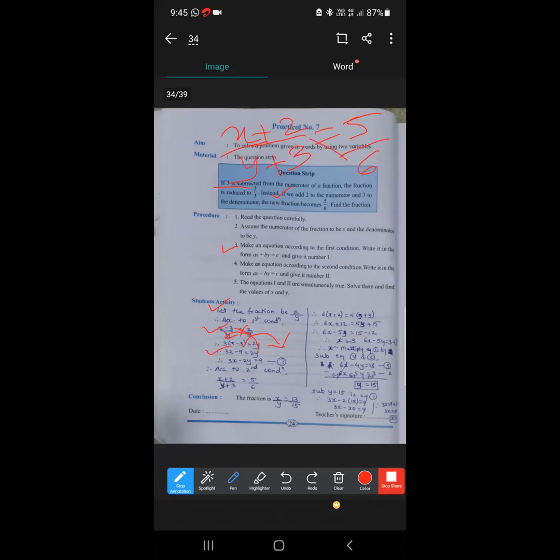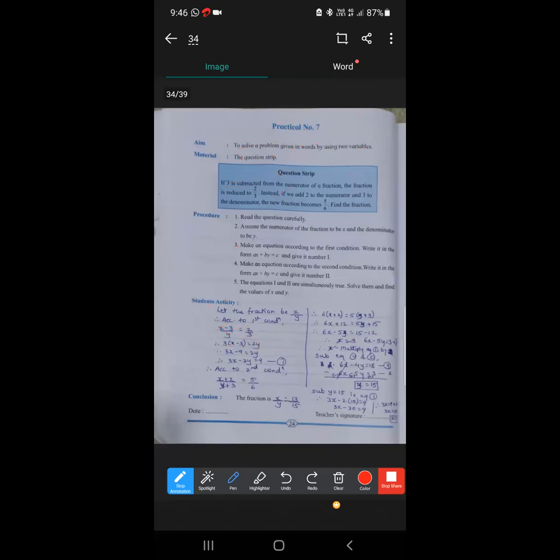Similarly, like the first one, cross multiply and you get 6x plus 12 is equal to 5y plus 15. Arrange it in the standard form and you will get 6x minus 5y is equal to 3. That is equation number 2.